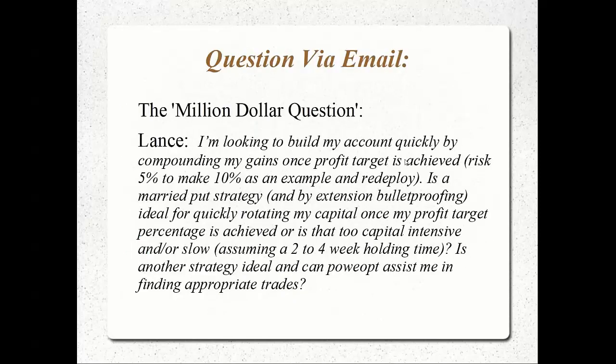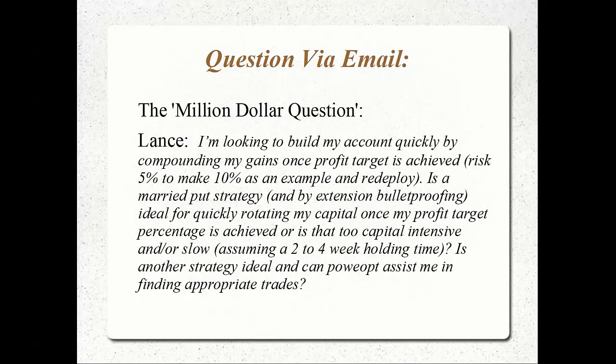Now, all that being said, this is one of those million-dollar questions that's probably nagged all of us at one point or another in our trading history, even if you're just getting started. Lance sent me an email this afternoon and wanted to know: I'm looking to build my account quickly by compounding my gains once the profit target is achieved. I only want to risk 5% to make 10% as an example and then redeploy those funds.